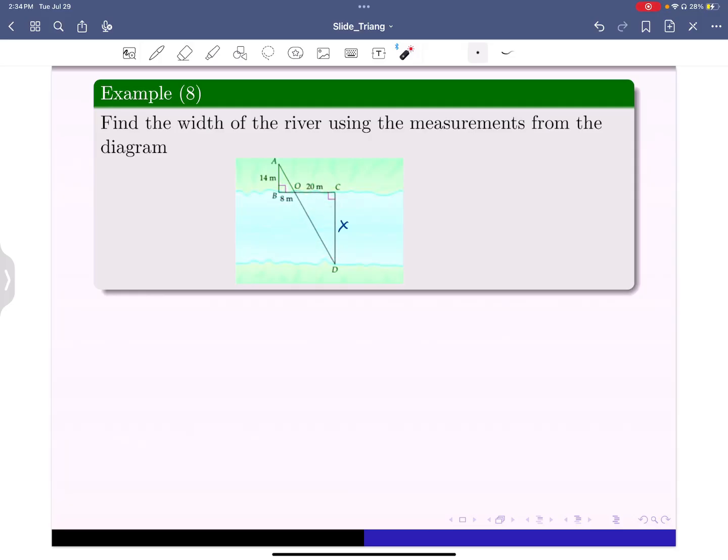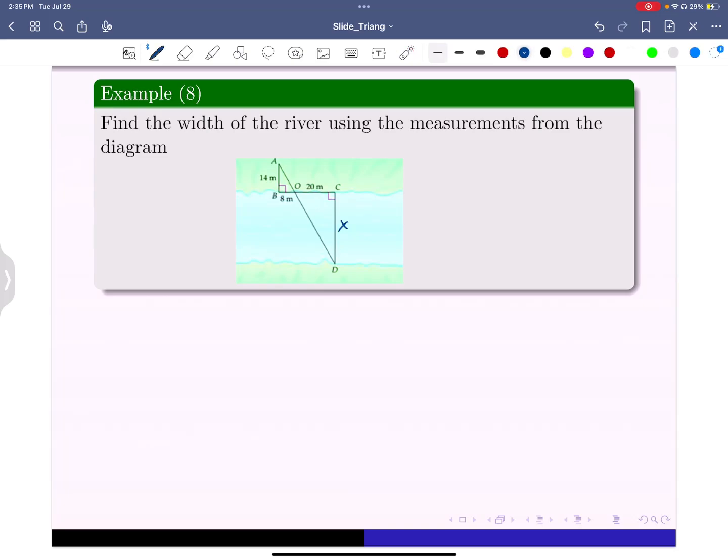So we need to choose corresponding, similar sides. This is the big side on the base, and then the tall height would be the same proportion as this side.